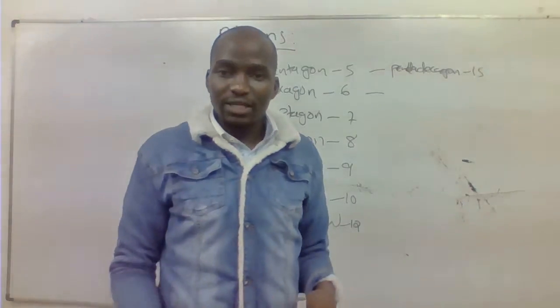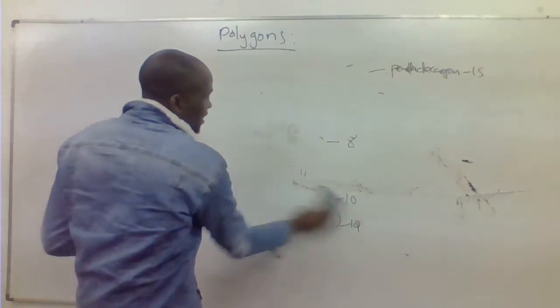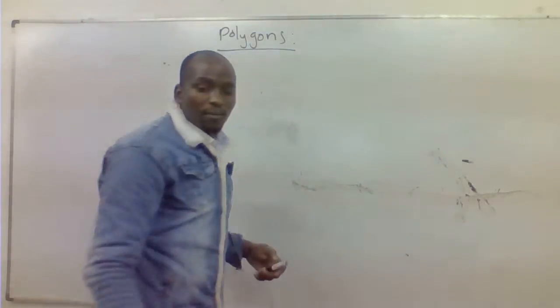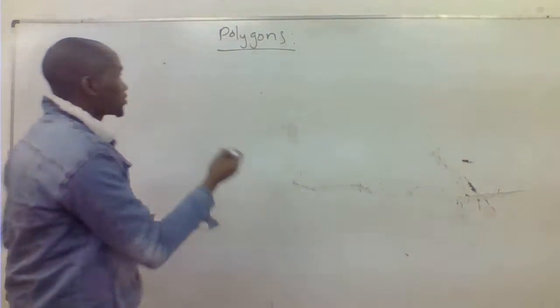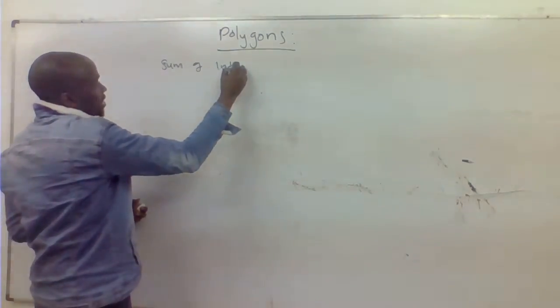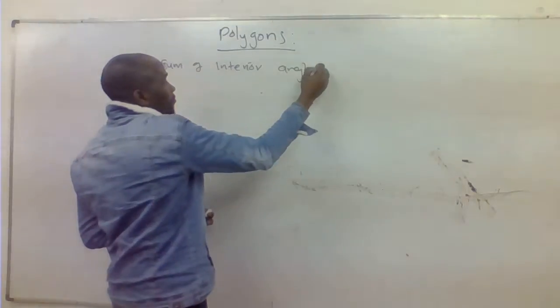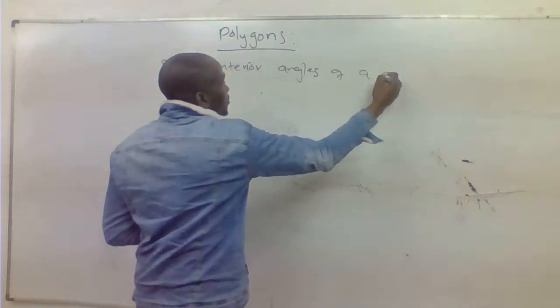Let's start with the first concept, how we can get the sum of interior angles of a polygon. Sum of interior angles of a polygon.